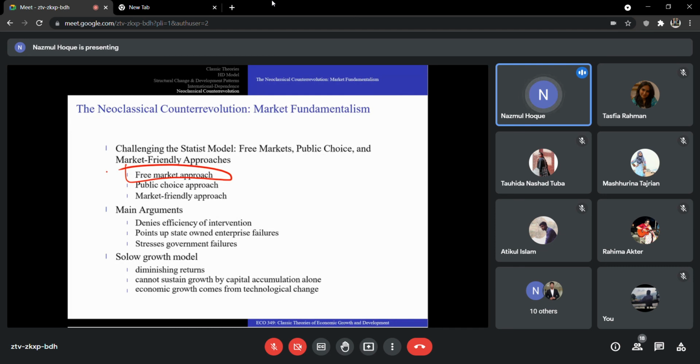The market is efficient in allocating resources the best way. So underdevelopment is the result of misallocation of resources, poor allocation of resources. So government interference in price and that sort of thing is the problem.